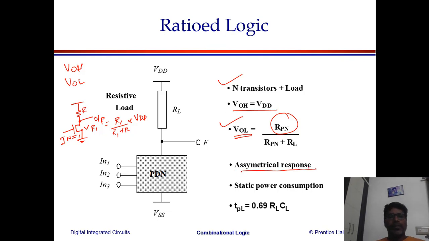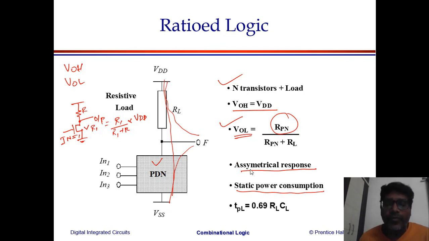Asymmetric response, yes, because as we have seen in static CMOS, you might not have equal rise and fall here, because the resistance possessed here may not be the same as the pull down network. And definitely you will have static power consumption. Why? Because if this NMOS comes on, directly you are going to have a path from VDD to ground, which will lead to current flow and give rise to power consumption, right?